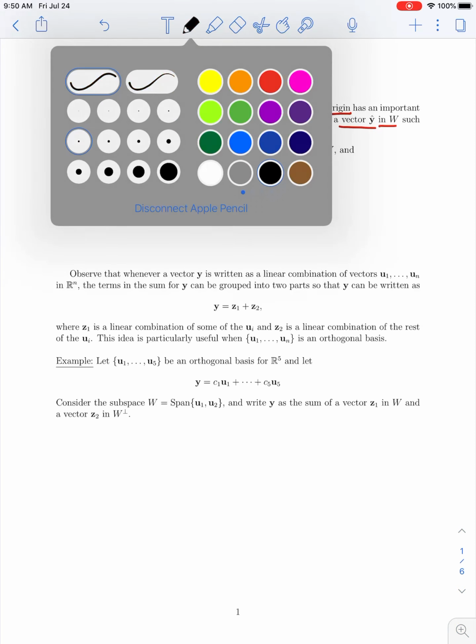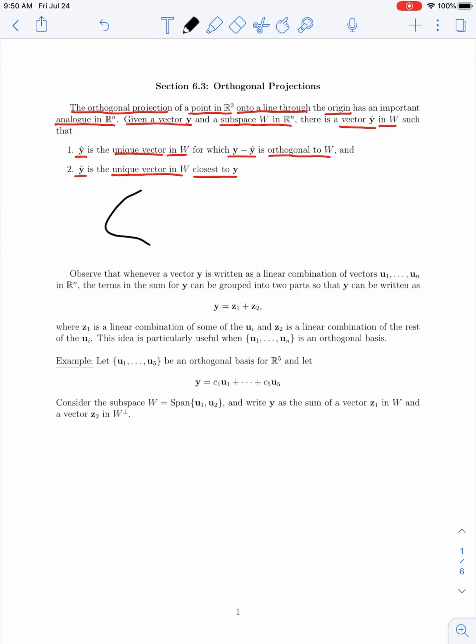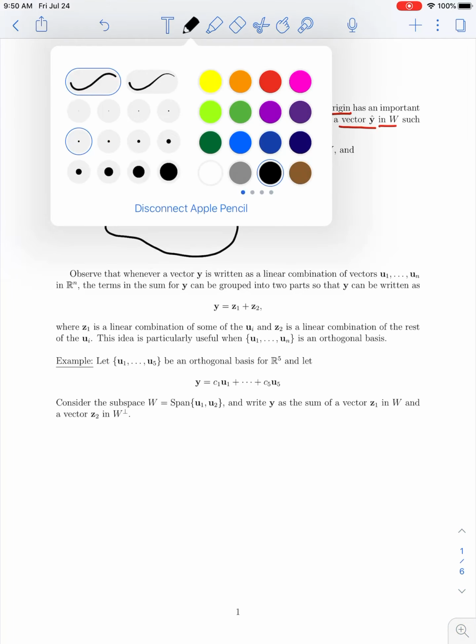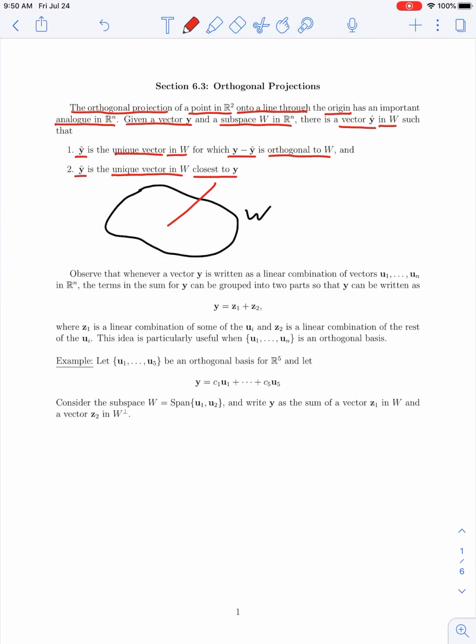So to visualize this, let's consider some subspace. Let's call this subspace W of Rn. And suppose that we have some vector, so let's say we have a vector y. And maybe I can think about its representation as having its initial point at the origin for n-dimensional space, which we know has to lie in W since W is a subspace.